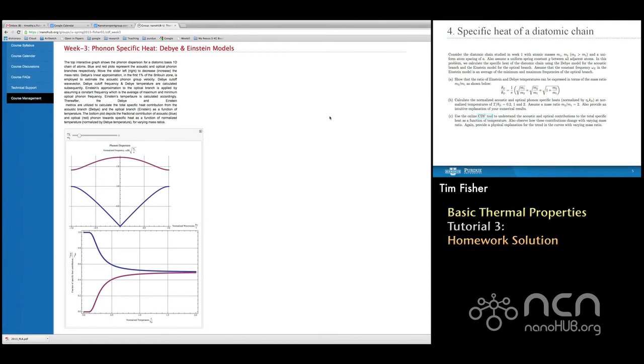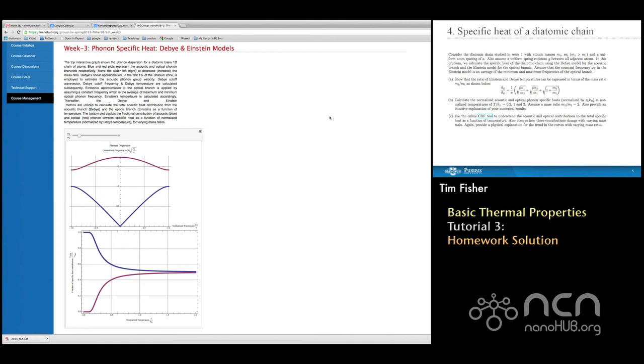Now I'm going to very briefly describe to you a Mathematica CDF tool, which is available for your use. And this tool will really help us graphically understand the problem that we solved in the last two parts, which is essentially the contribution of the Debye and the Einstein specific heat to the total specific heat of a diatomic chain of atoms.